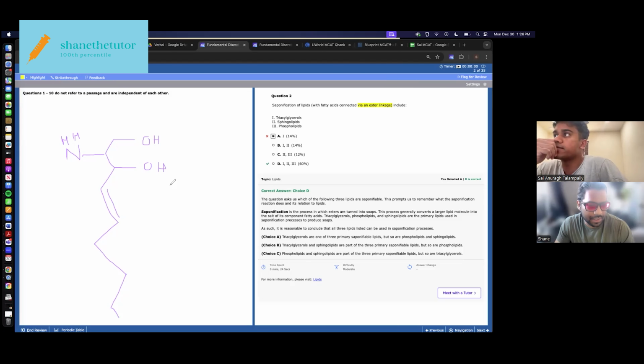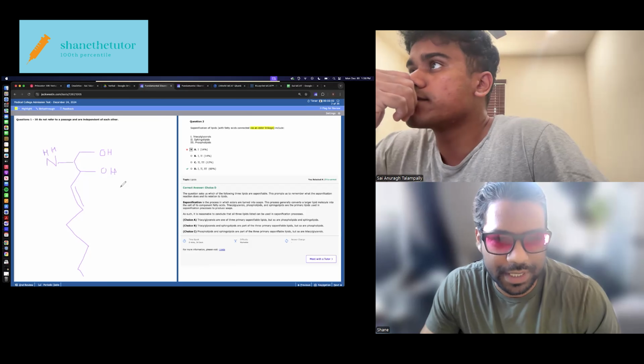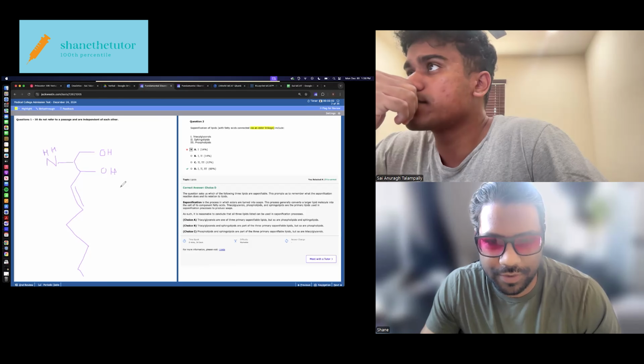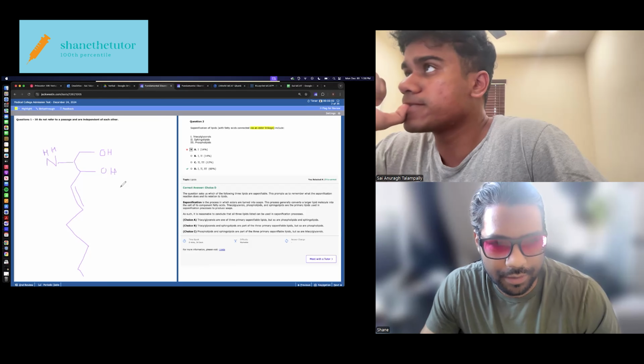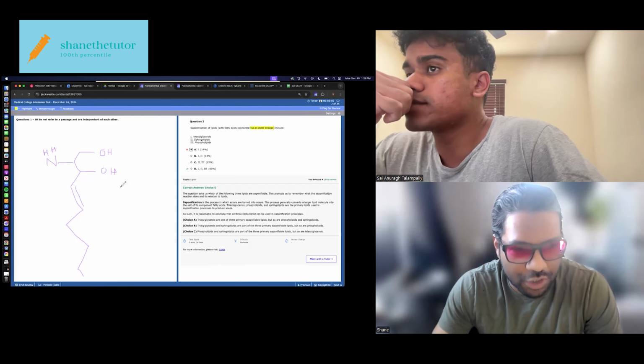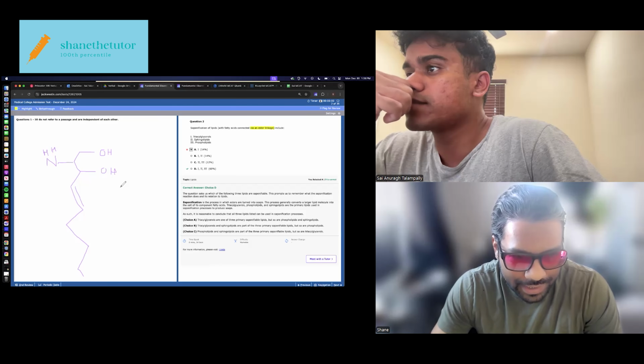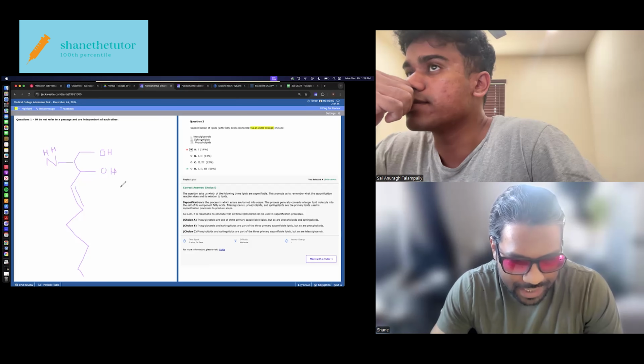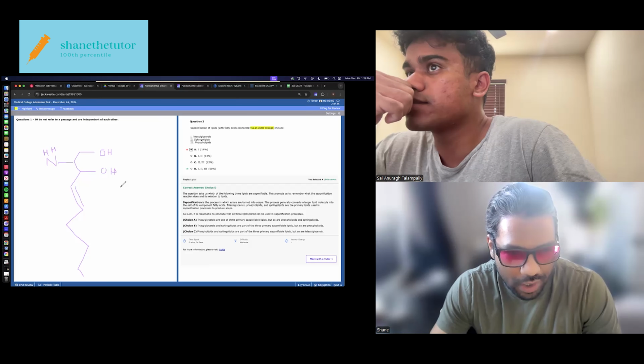A phospholipid should be something with fatty acids connected via an ester linkage, right? Yes. I guess there isn't a choice that says one and three, but it shouldn't be just one, at least knowing about phospholipids.